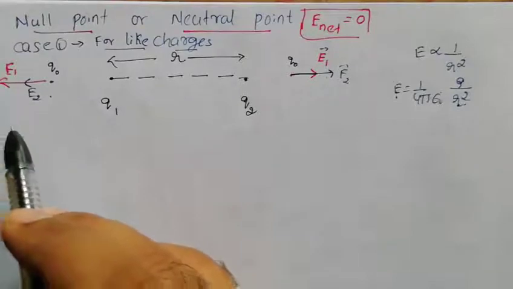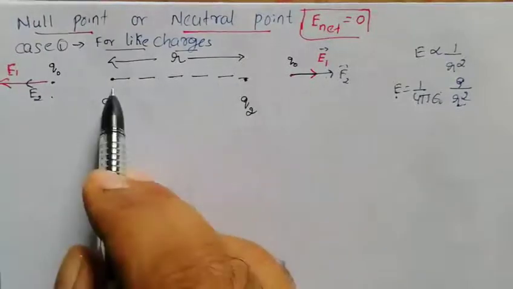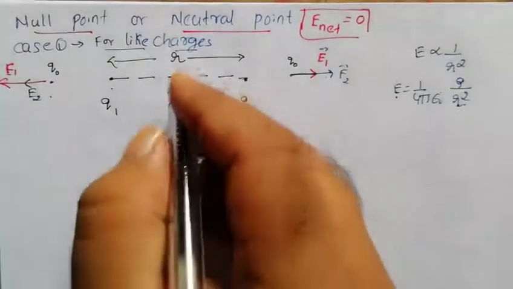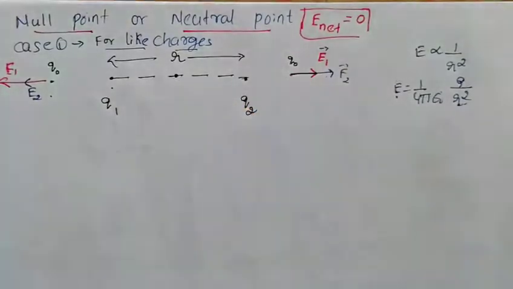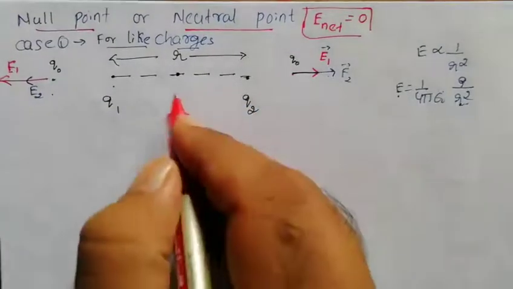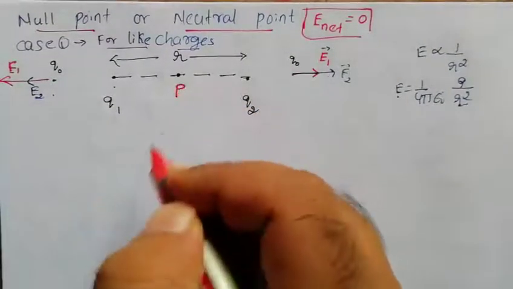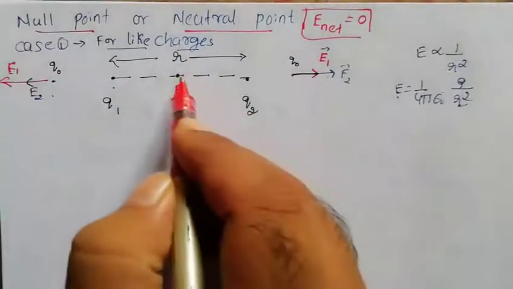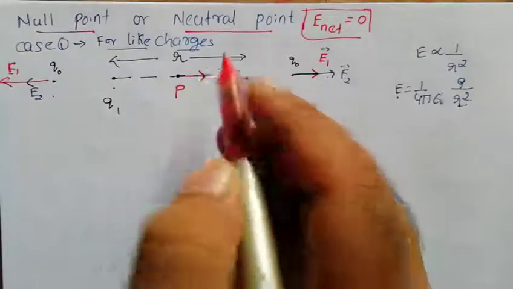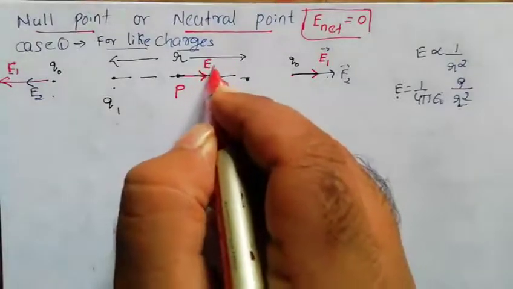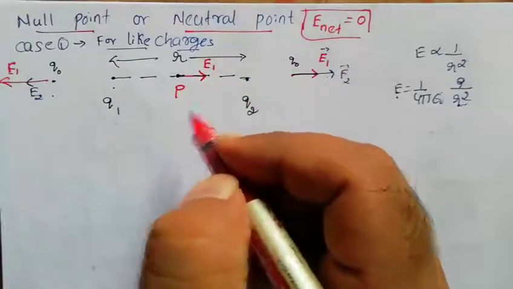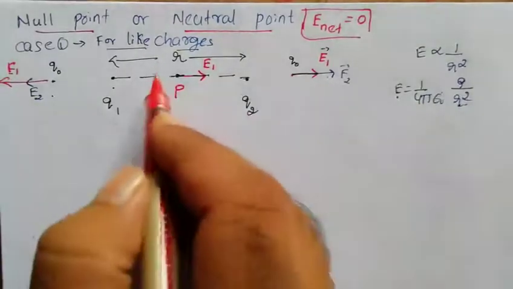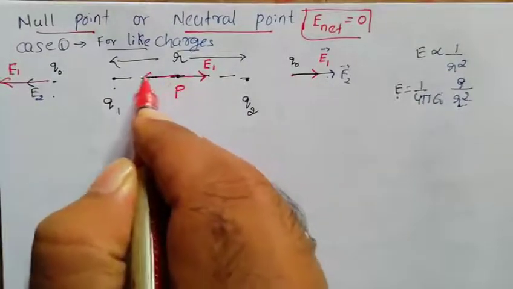So let us take a point somewhere inside these two charges. Let me take this point as P. At this point I need to see the electric field due to Q1, which is in this direction. Let me call this E1. Similarly, the electric field due to Q2 is in this direction.